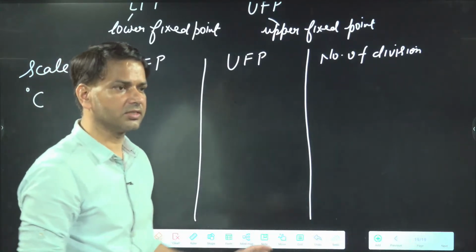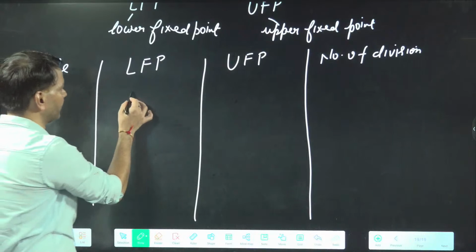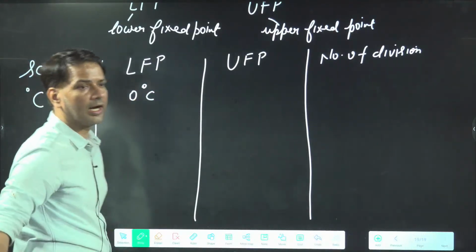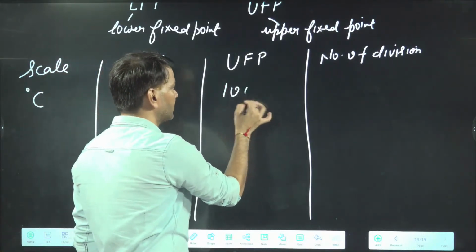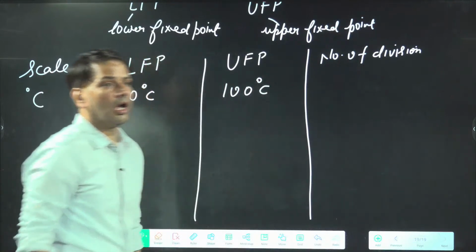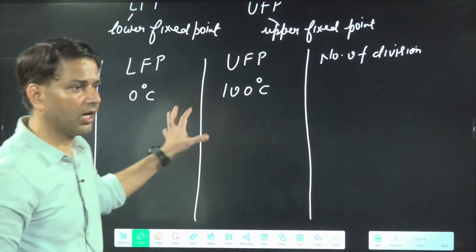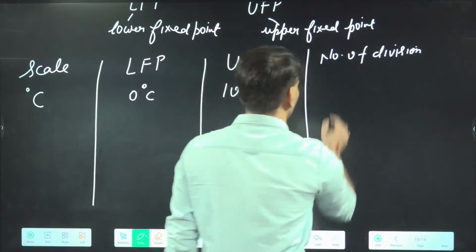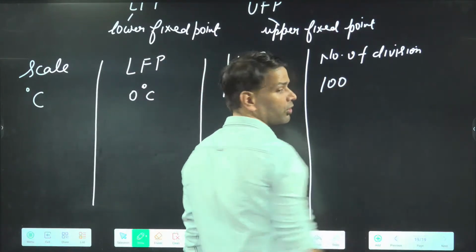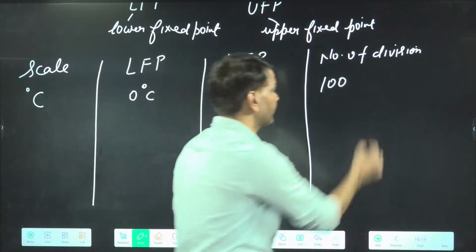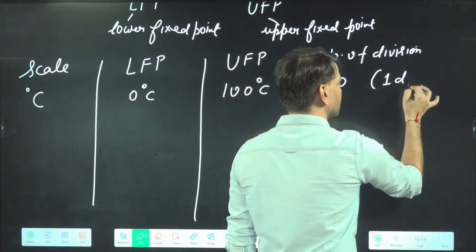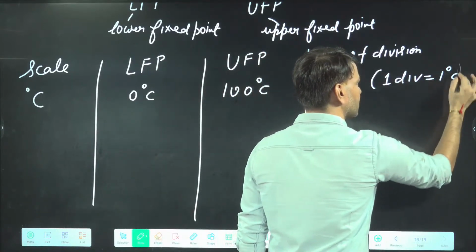Ice point is 0 degrees C. So the lower fixed point we take as 0 degrees C, and the upper fixed point we take as 100 degrees C, the boiling point, and the total temperature difference is what? 100. So this 100 is divided into 100 equal divisions. So the number of divisions will be 100, and we can say one division is equal to 1 degree C.